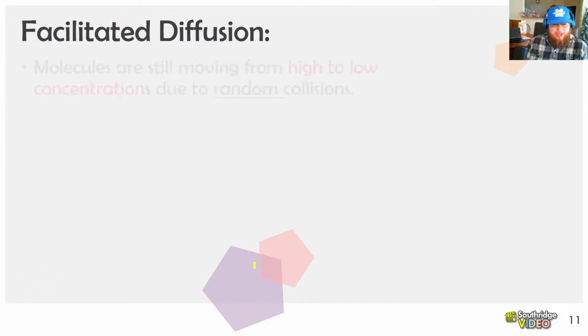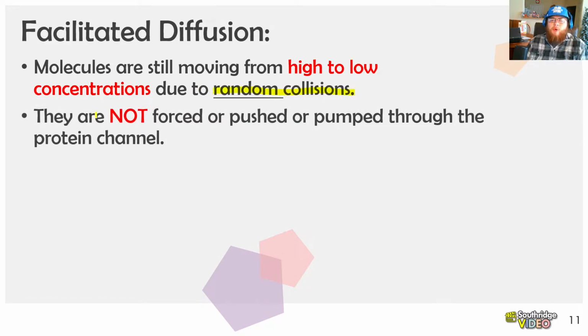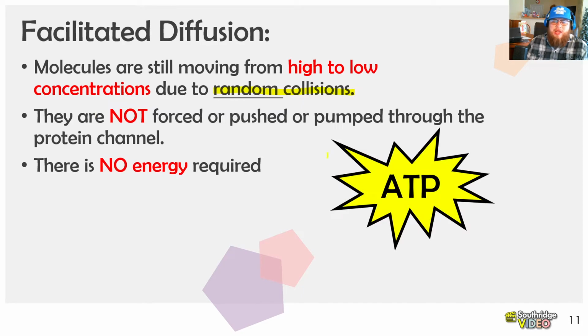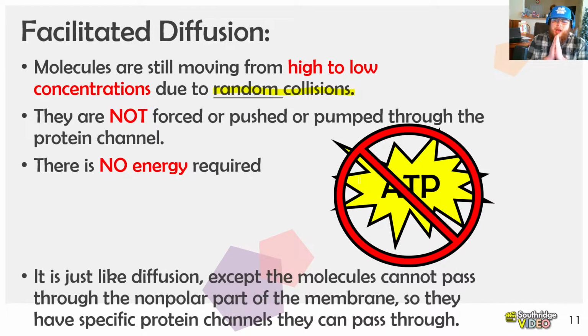To repeat myself, molecules are still moving from high to low concentration due to random collisions, and they are not forced nor pushed nor pumped through the protein, and there's no energy required for this, so there's no ATP. But just like diffusion, except the molecules cannot pass through the nonpolar part of the membrane, so they have a specific protein channel that they can pass through.